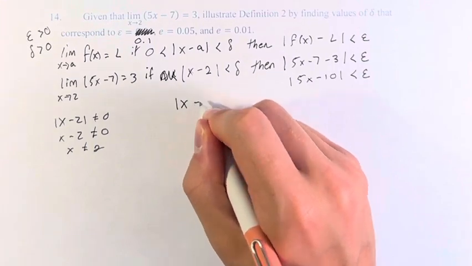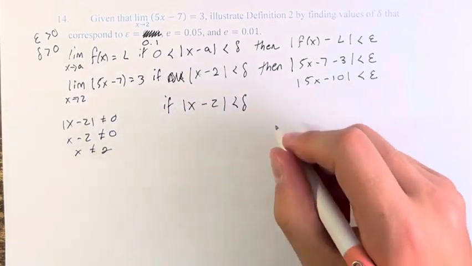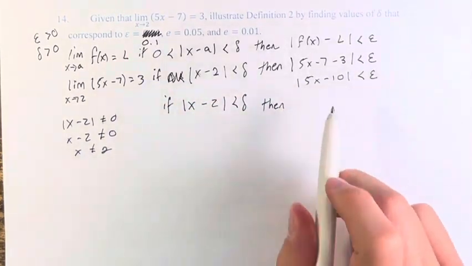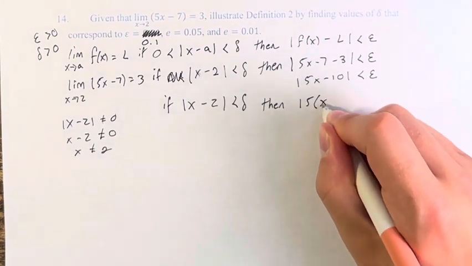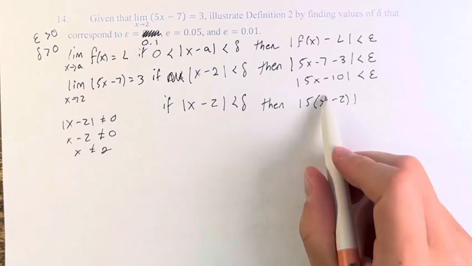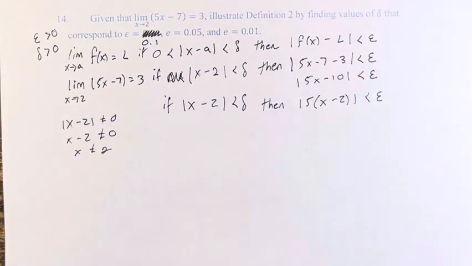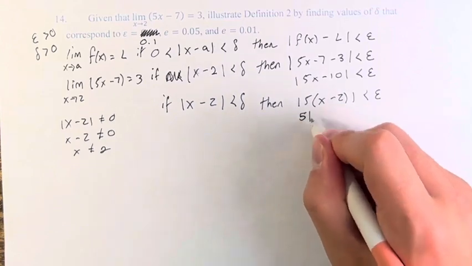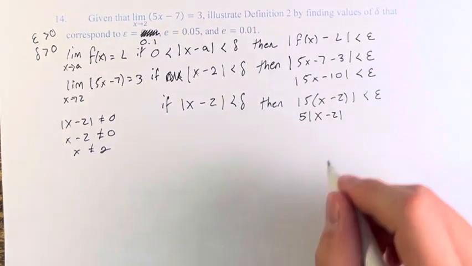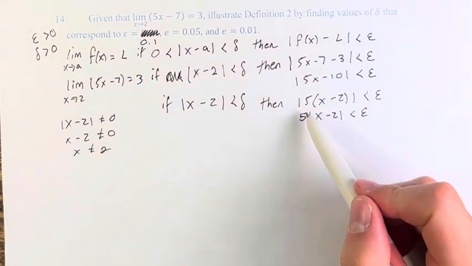So we can ignore this. Why? Because then we have the absolute value of x minus 2 is less than delta. If this is true, then 5x minus 10, which we can write as 5 times x minus 2 if we factor out a 5, is less than epsilon. We can take the 5 outside of the absolute value because it's positive.